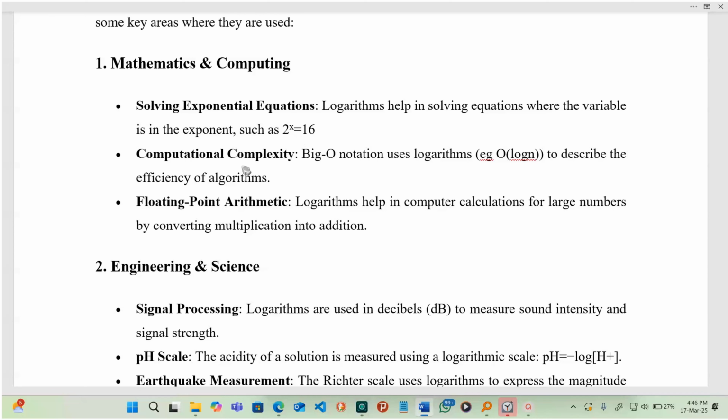Then in computational complexity, these are advanced applications in computing. So you'll find that even as you advance in mathematics, you understand the big O notation, and all these operate on logarithms.